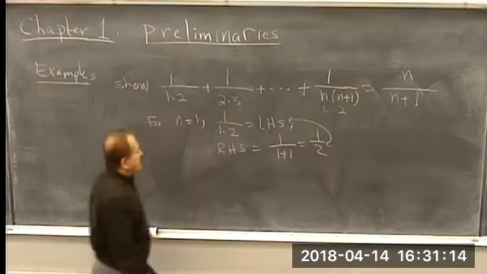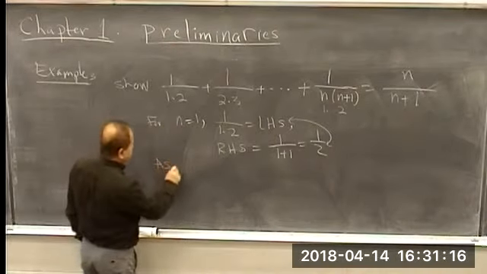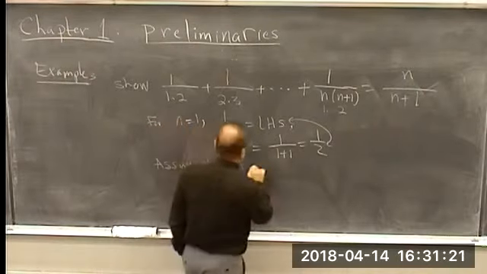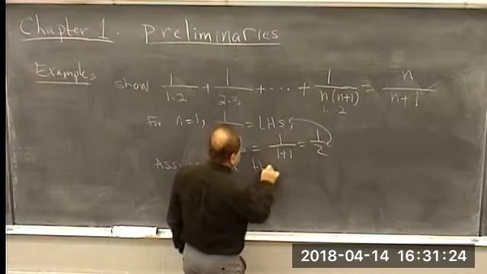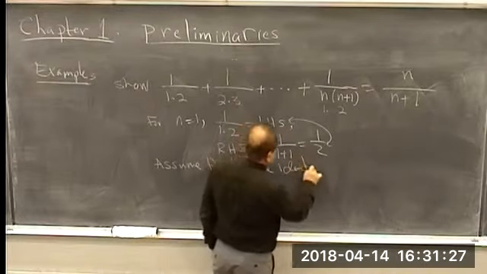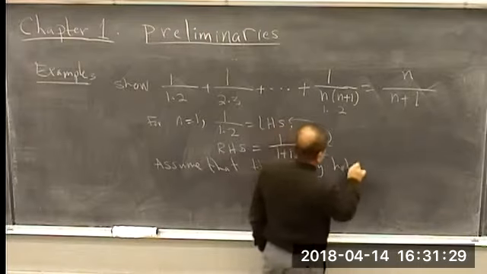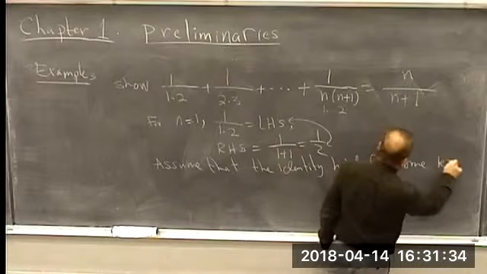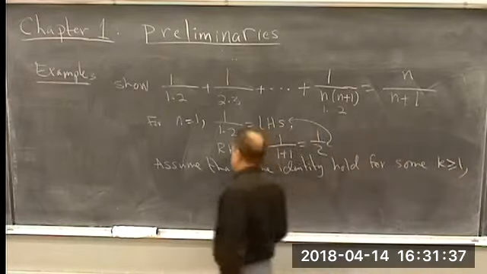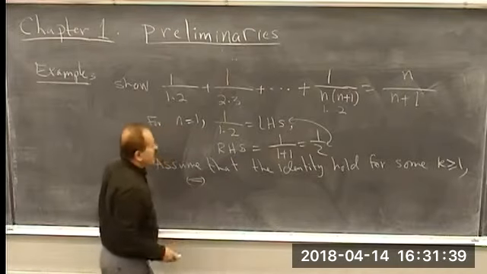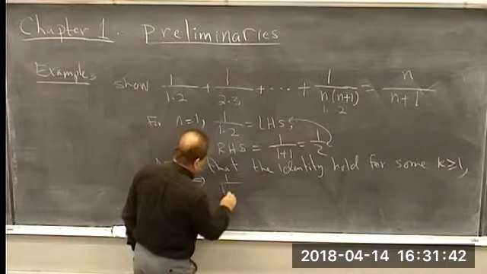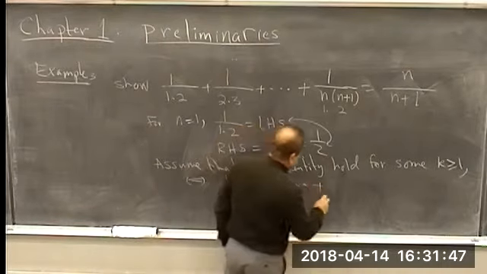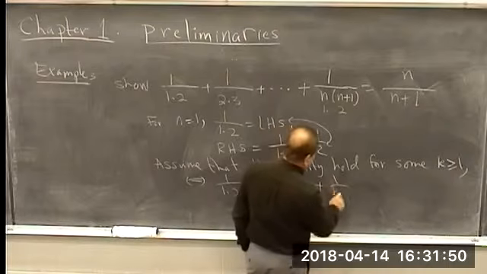All right, let's assume that the statement, or the identity, holds for some k bigger than or equal to 1. This is equivalent to saying that we know that this is true: the sum up to k is k over k plus 1.